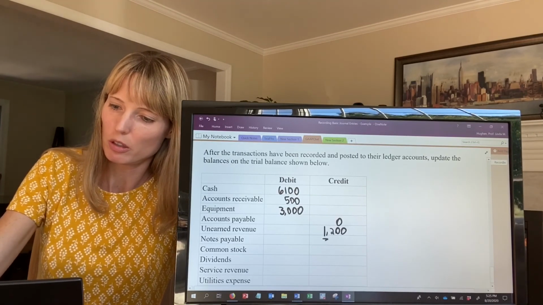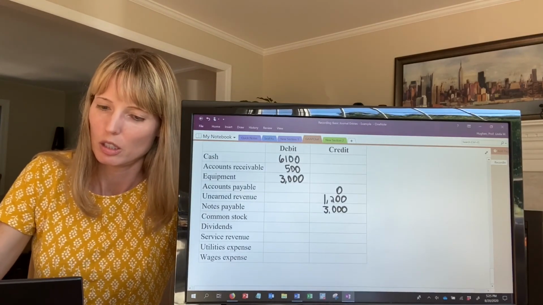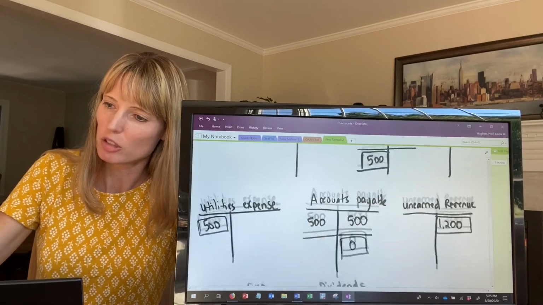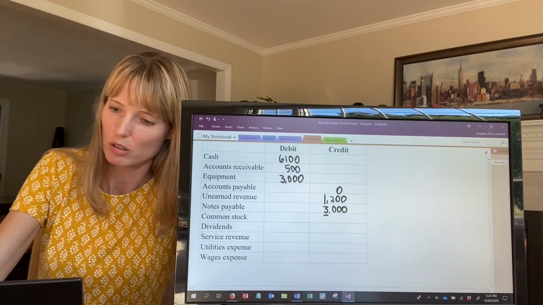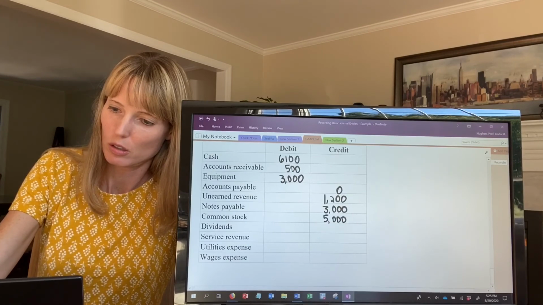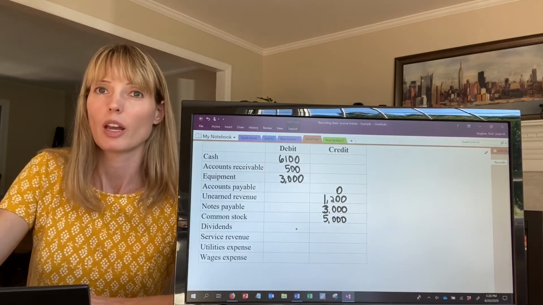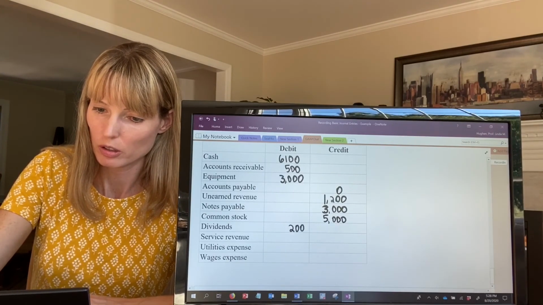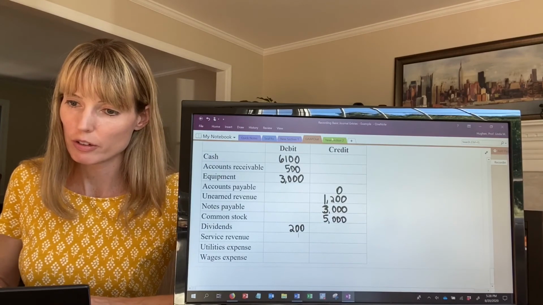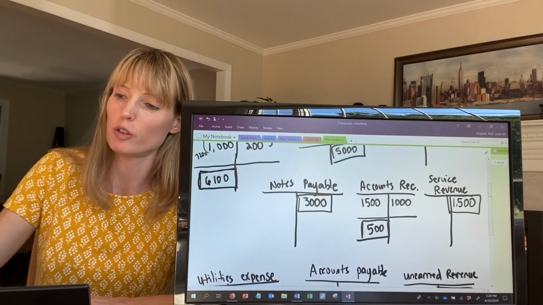Notes payable, that was the $3,000 for the equipment. Common stock, well, the company just had one issuance of common stock for 5,000. Dividend, my dividends for the period were 200. Service revenue, we just had one time that we recorded revenue, and that was 1,500.